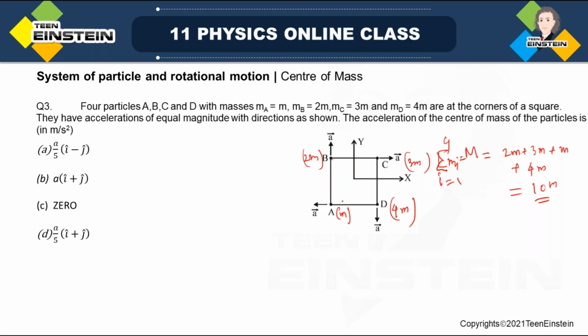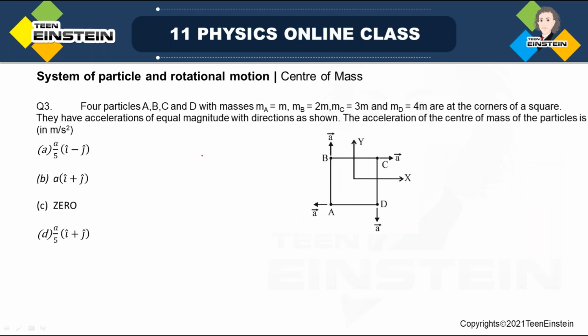Let me write the masses, the sum of the masses is 10m. These all have the same magnitude of acceleration, but the directions are different.